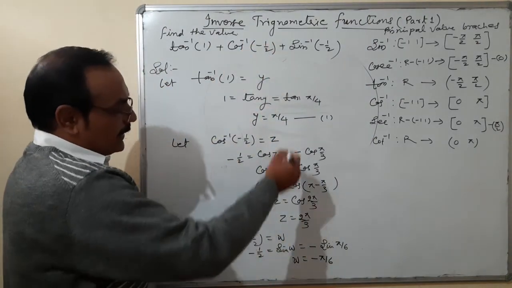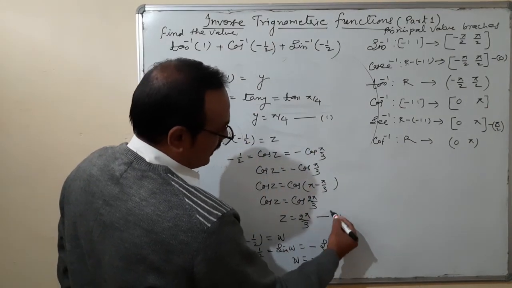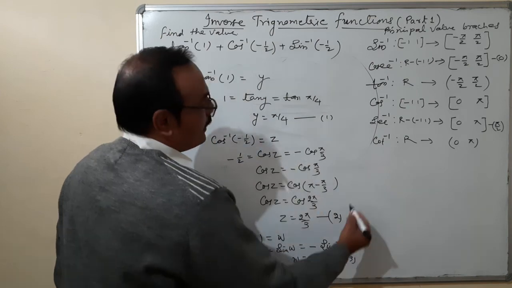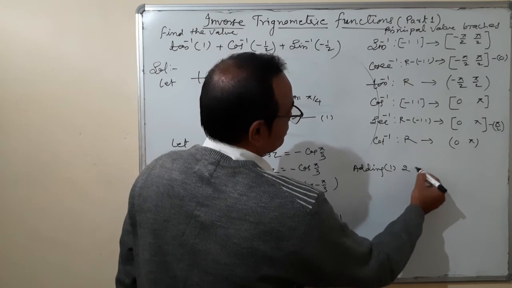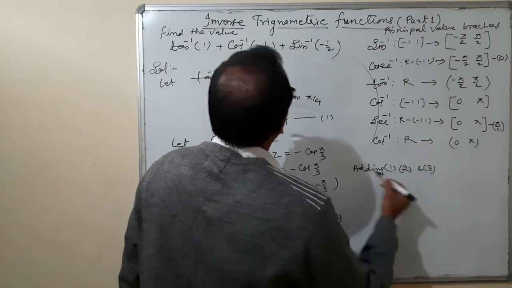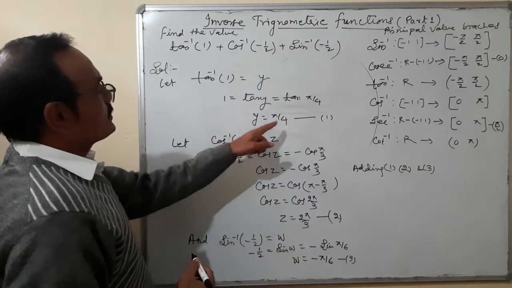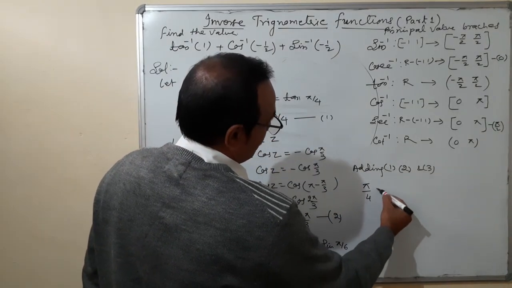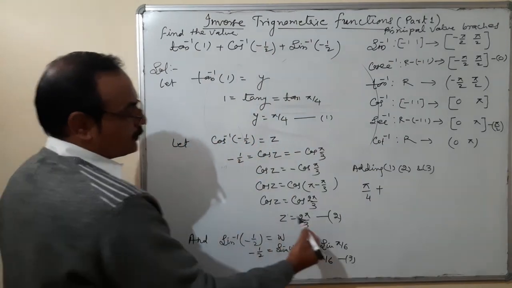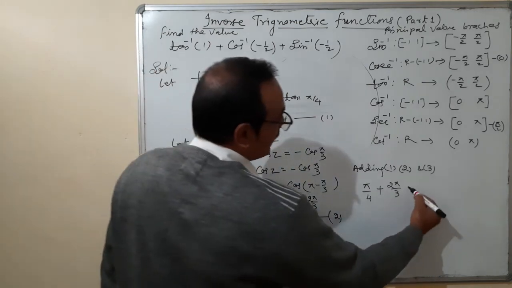Now we got all 3 values. So now adding 1, 2 and 3, that is equation number 1, here is 2 and that is 3. Adding 1, 2, 3, because the sign is plus between them. So tan inverse 1, the value of this is pi by 4, plus the second value 2 pi by 3, and the third value is minus pi by 6.